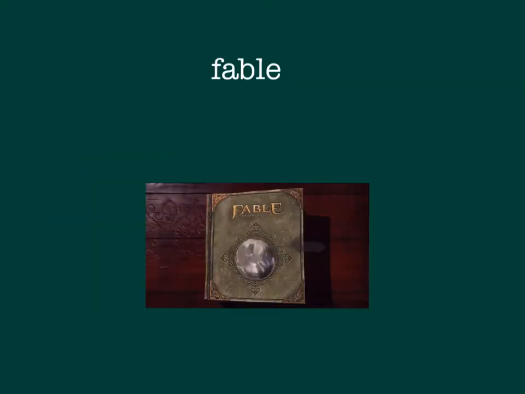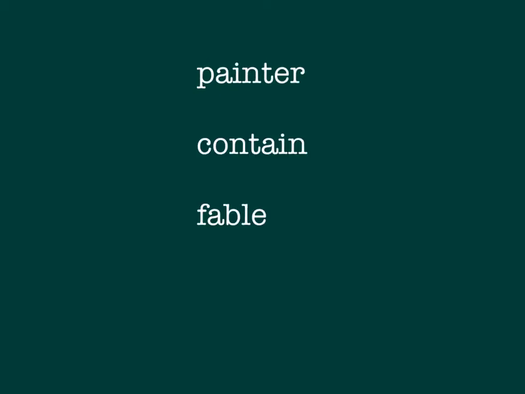This word, fable, also has a long A sound, but it's spelled with just A. Painter, contain, and fable all contain a long A sound, but the long sound is spelled in different ways. In all of these words, the syllable with the long A is the accented syllable.